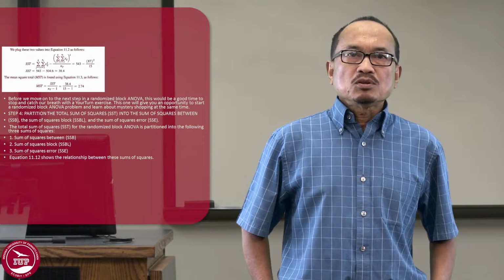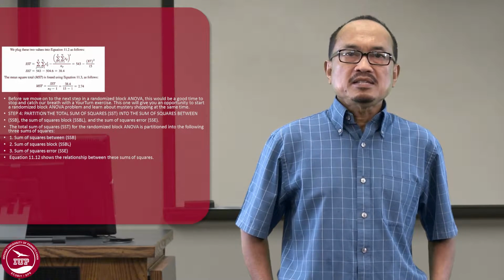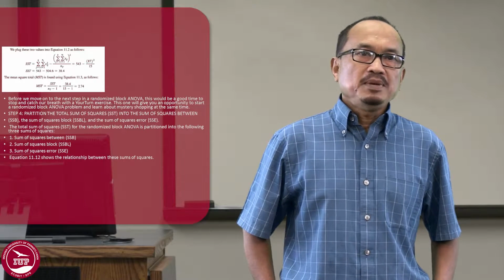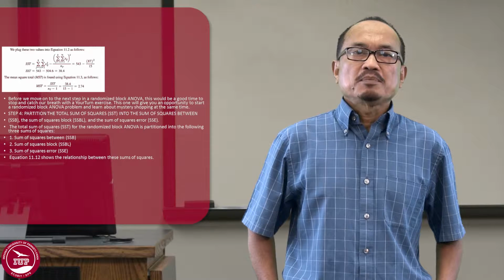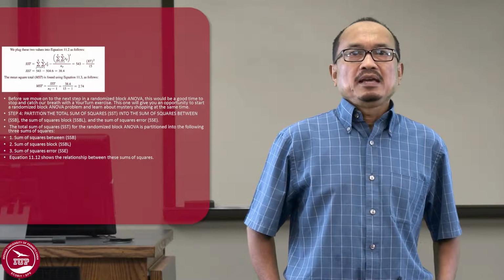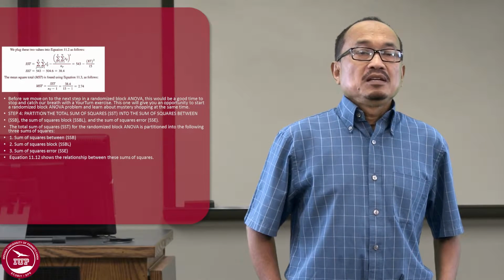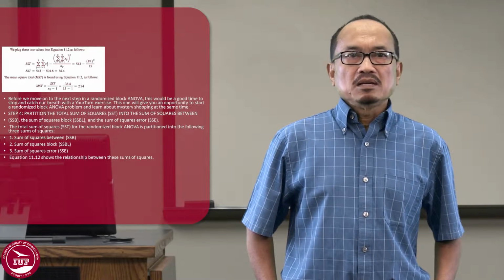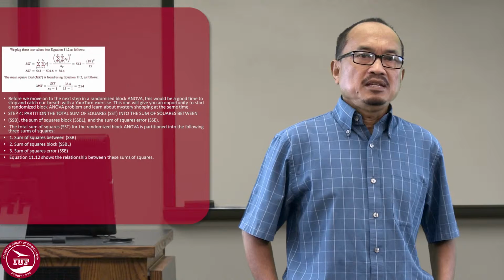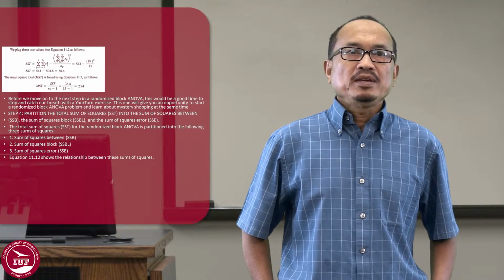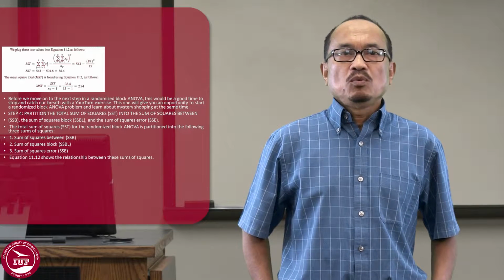Step 4. Partition the total sum of square, or SST, into sum of square between, or SSB, and the sum of square block, SSBL, and then the sum of square error, or SSE. The total sum of square, or SST, for the randomized block ANOVA is partitioned into the following 3 sum of square. 1.